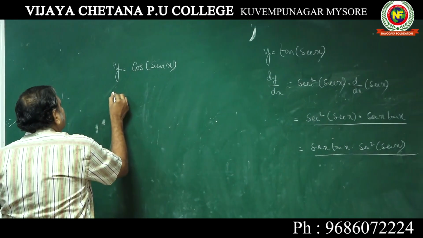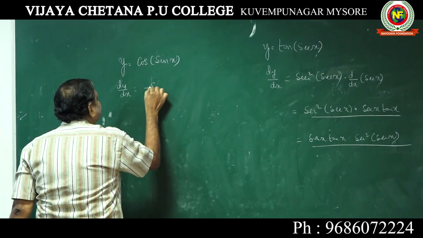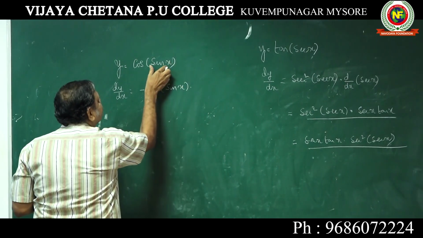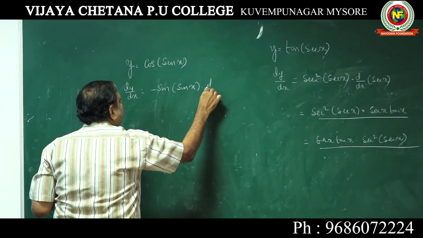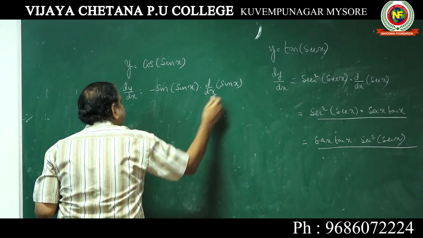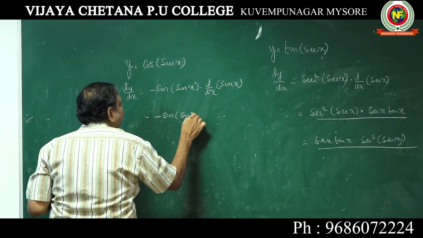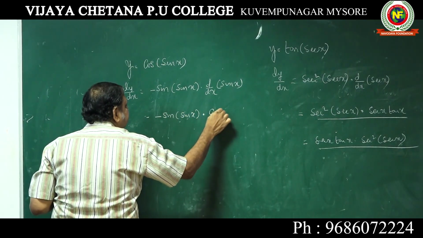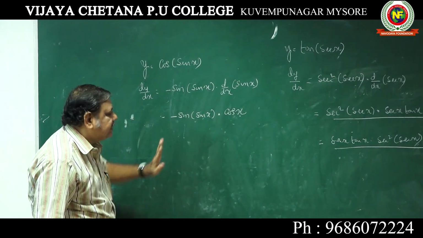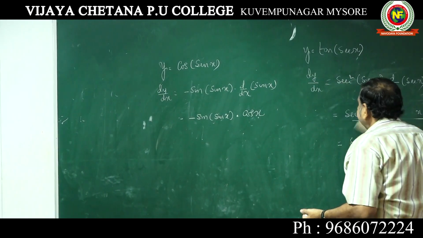When you differentiate cos x, dy by dx is equal to minus sin x, and what you should do is multiply into d by dx of this portion, d by dx of sin x. So your answer is minus sin of sin x into d by dx of sin x, which is cos x. If you want, you can write cos x first, or keep the answer as it is. We will go to the next problem.